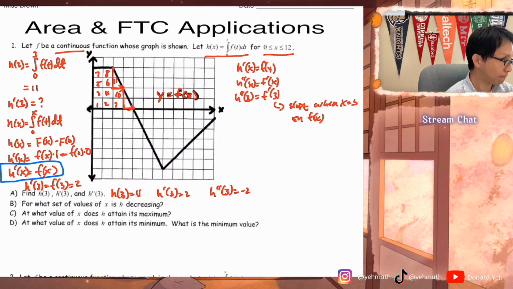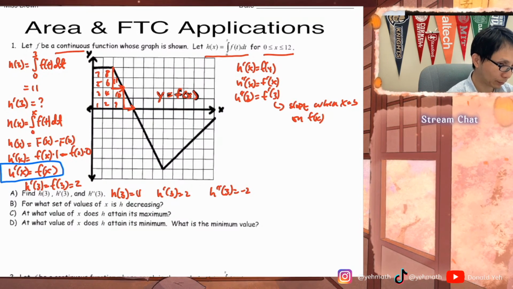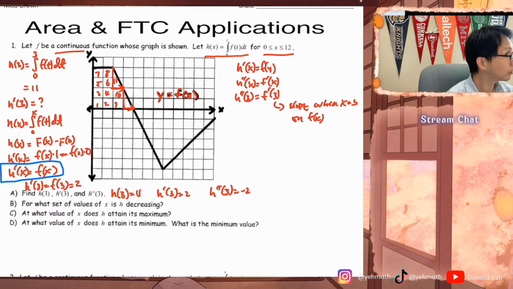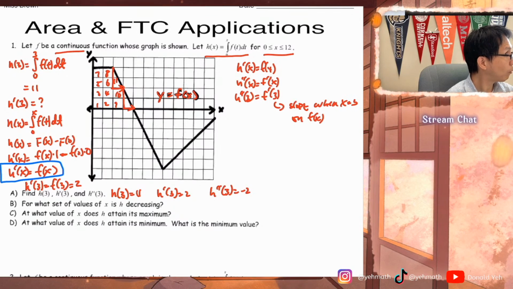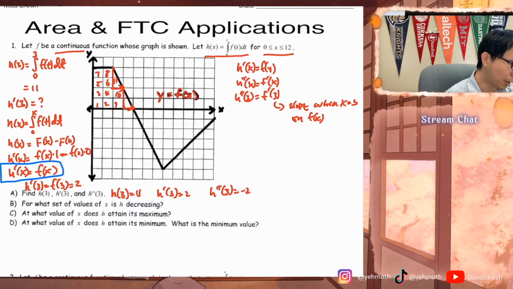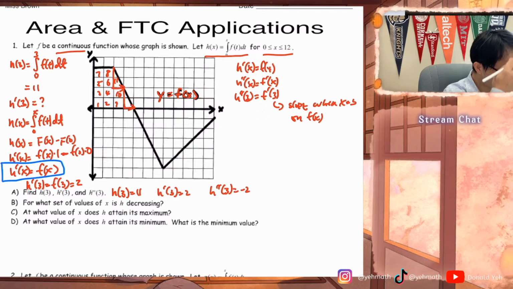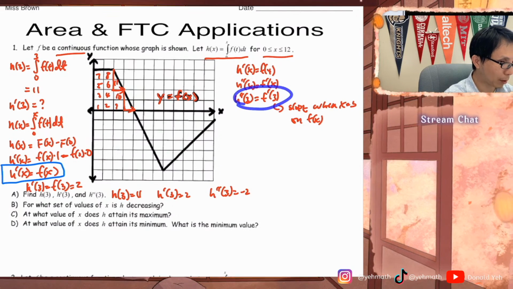Yes? It's the way that it is because h of x is equal to the integral of f of x, so whenever you're taking the derivative, it's always one behind. Pretty much, but if you write this out, it will help you understand. Yes, they are one level different.